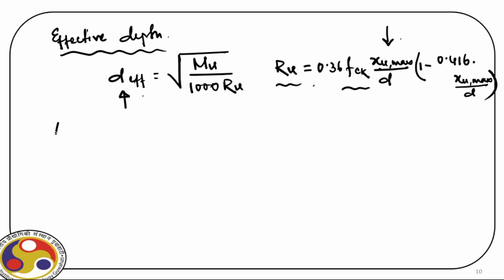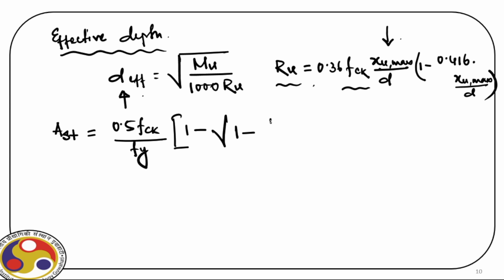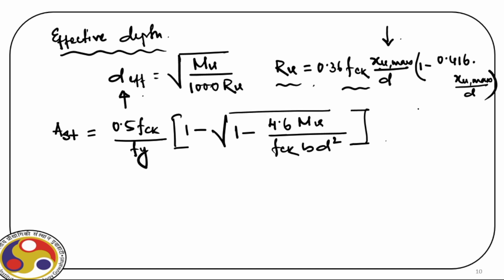Then our next task is to find out Ast, that is the steel requirement. Steel requirement is, again, we know from the previous design, that is 0.5 fck divided by fy within bracket 1 minus square root of 1 minus 4.6 Mu divided by fck b d square, right, times bd.